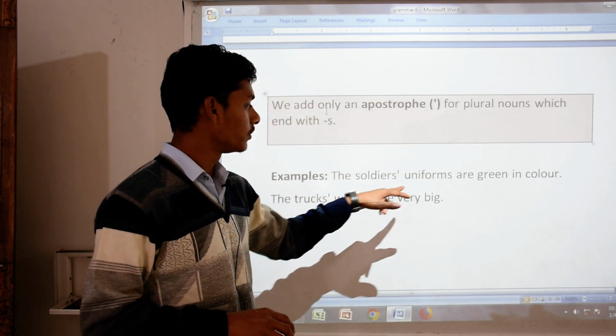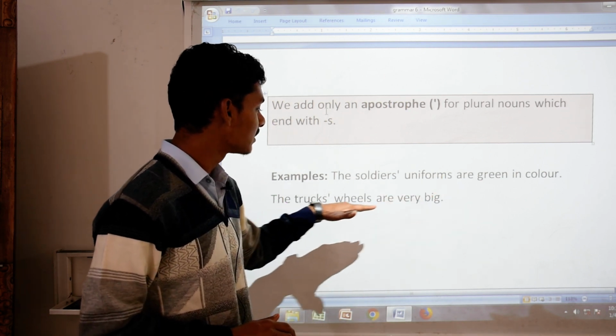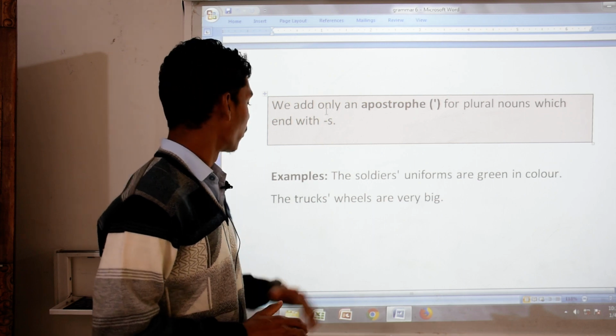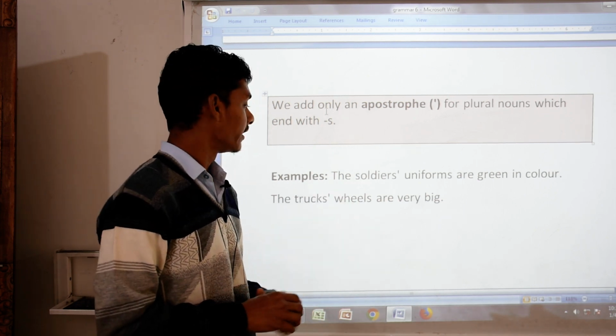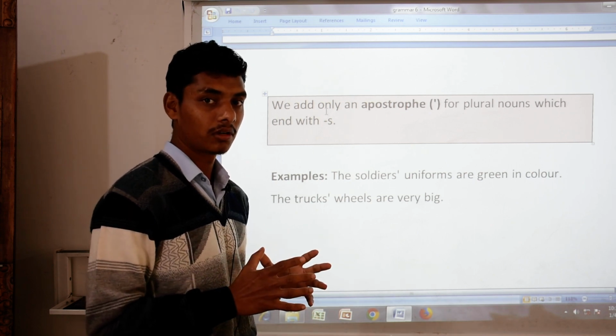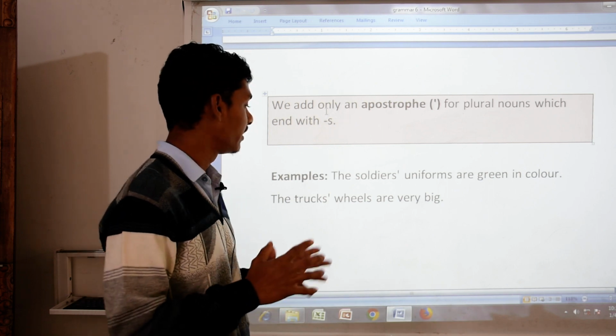The soldiers' uniforms are green in color. The trucks' wheels are very big. So what is soldiers? It is a group of soldiers, not singular. It is not only one soldier. There are many soldiers in a group.